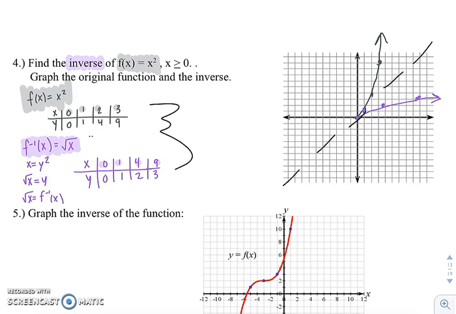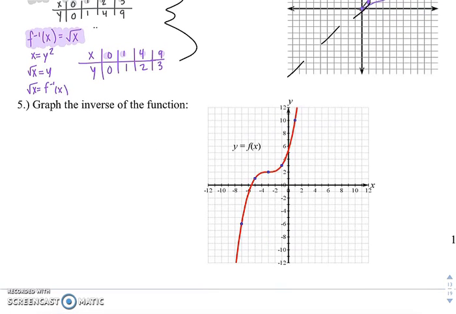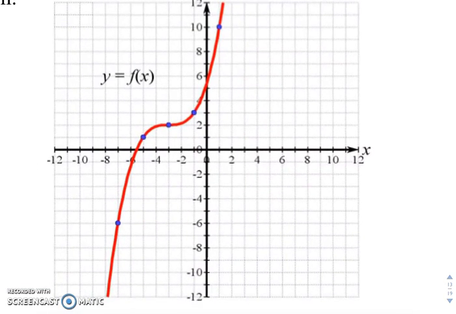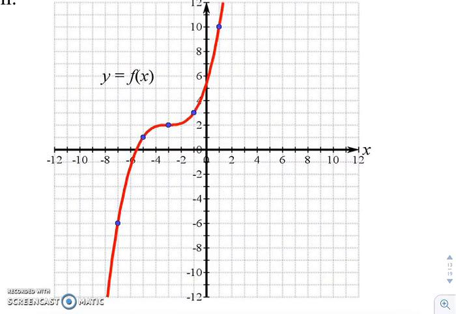So if number 5 wants us to graph the inverse without an equation, all you have to do is figure out what points you have. So like our first point over here on the left is -7, -6. So we have the point -6, -7, which is right where I just wrote.